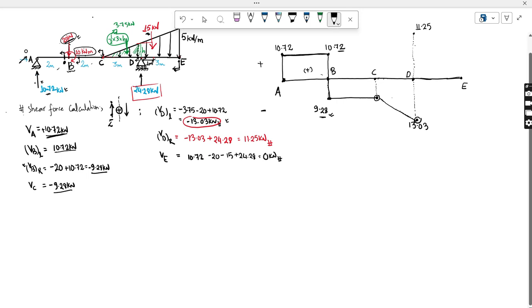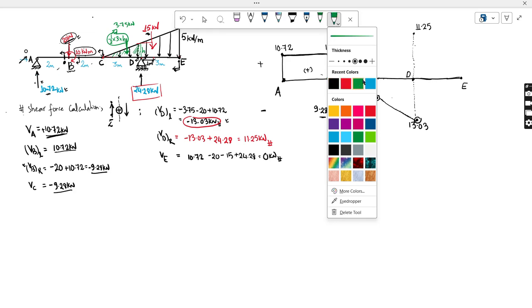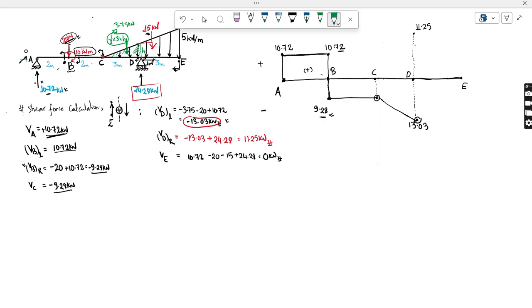In case of triangular load, your shear force diagram will never be a straight line. In fact, it has to be a curved line. So for the curve, I will be joining here like this. The correct graph will be drawn by this green line, and it has to be like this.